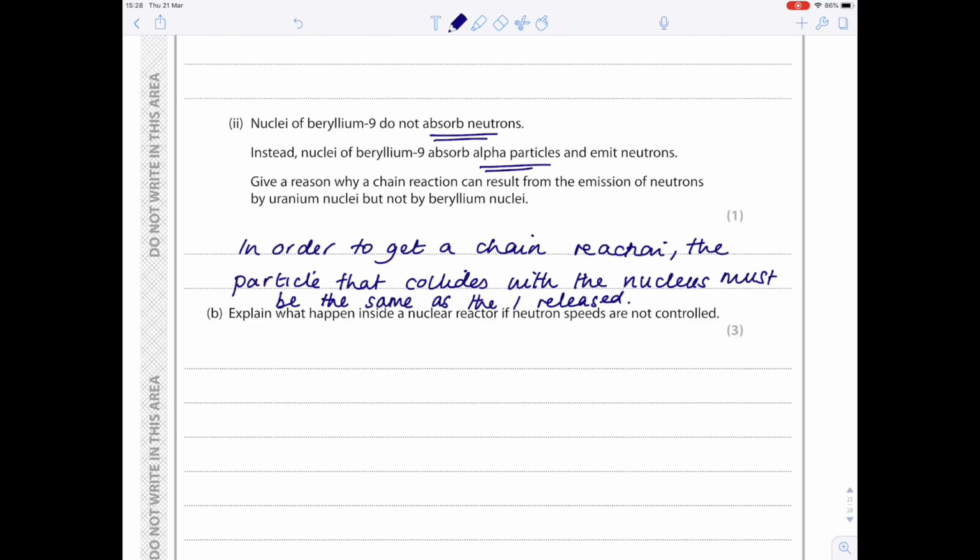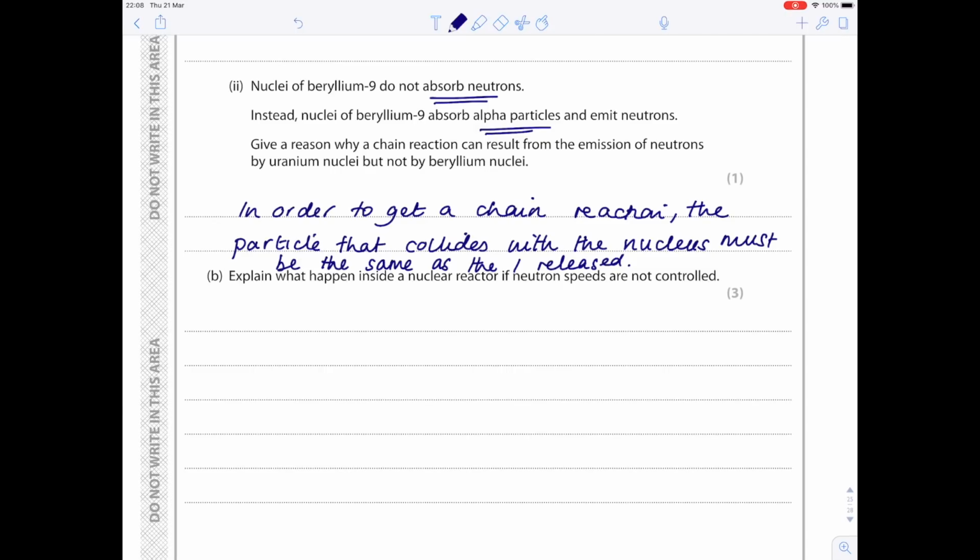Explain what happens inside a nuclear reactor if neutron speeds are not controlled. The crucial thing to notice here is the fact that neutron speeds should be controlled in order for a nuclear fission reaction to take place. Bizarrely, the slower they travel, the more likely they are to collide with the uranium nuclei.